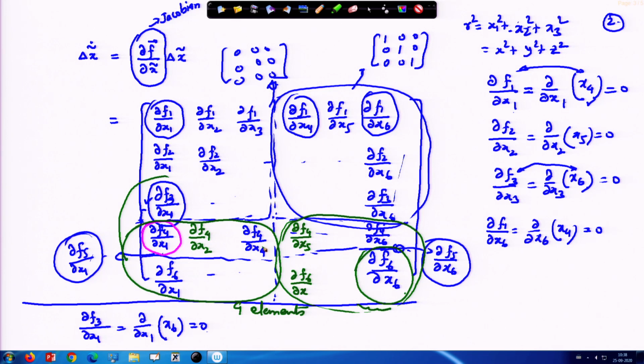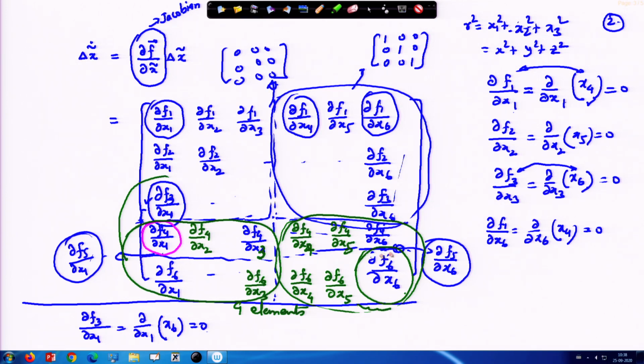No, this is up to only 3. This is up to 3 here x3, and here it starts with 4, and then ∂f4/∂x5. Similarly, here ∂f6/∂x4. Here there will be ∂f6/∂x3, ∂f6/∂x5, and last element ∂f6/∂x6.